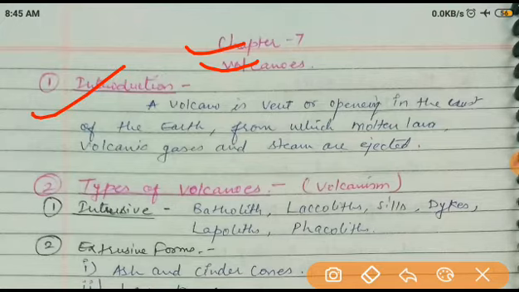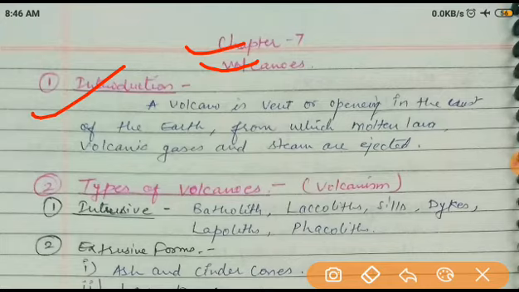What is a volcano? If this question comes, it's very simple. It is the opening, the vent, for ejecting lava from the earth crust. The lava or magma which is deep inside the earth comes out from the crust of the earth.